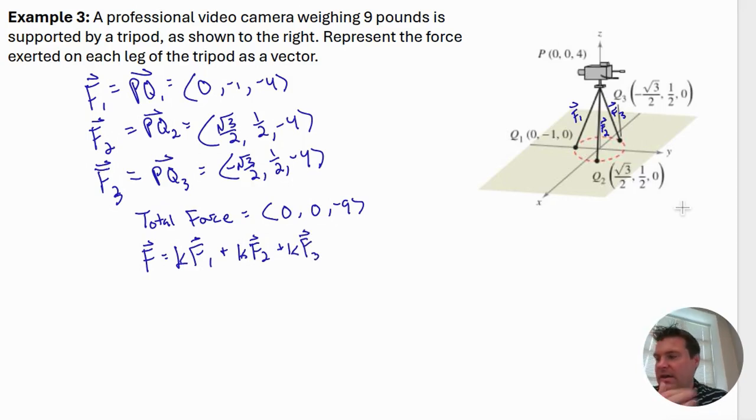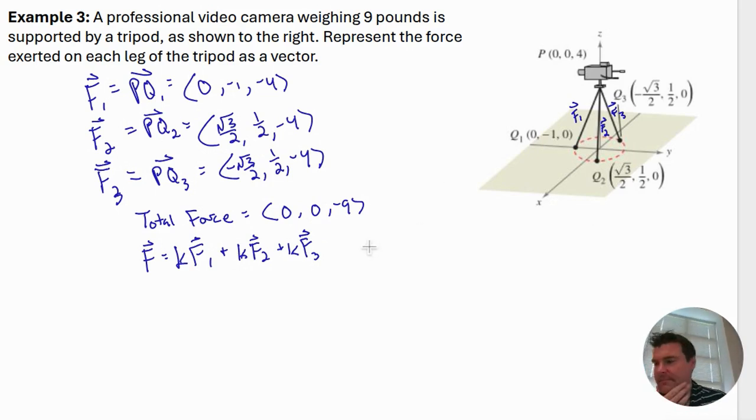This is all because all 3 legs have the same length. They all have length 1, and I can just do that in my head real quick. You can tell that every leg here has length 1. 0 squared plus negative 1 squared plus 0 squared is 1. Square root of 1 is 1. When you square each component here, you would get 3 fourths plus 1 fourth plus 0 gives you 1, so on and so forth.